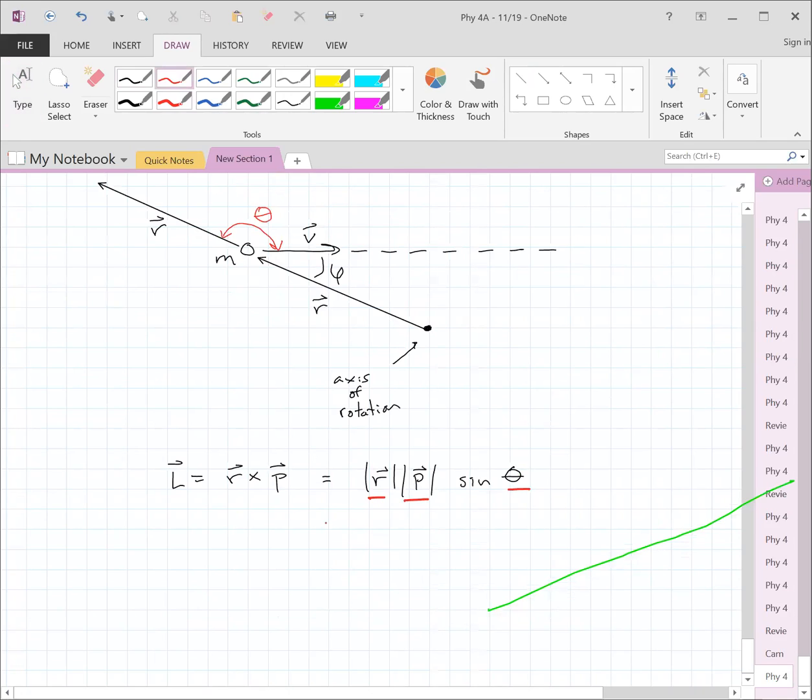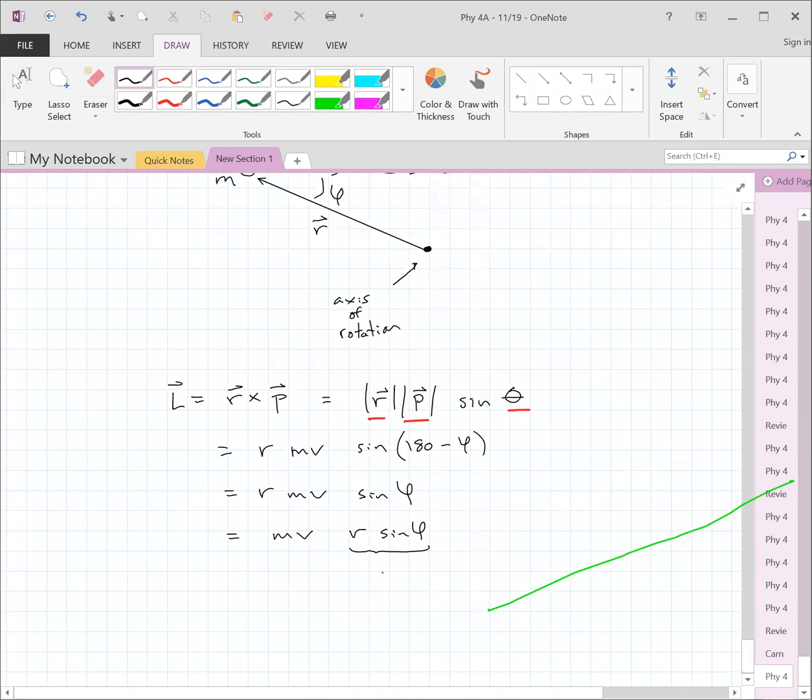So let's see what I've got here. I've got R. What is P? P is mv. And the sine of theta is the sine of 180 minus phi. And the sine of 180 minus phi is just sine phi. And this is just the perpendicular distance.